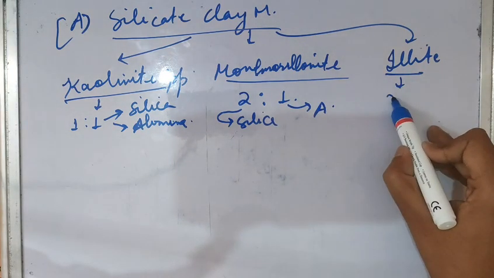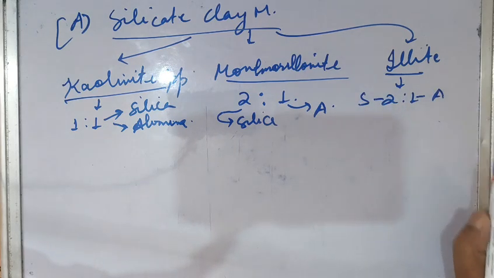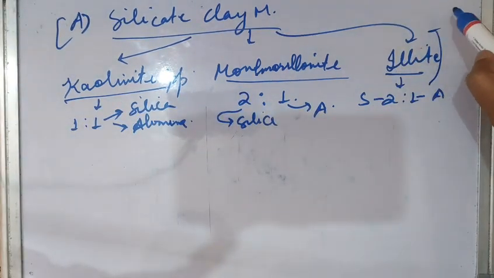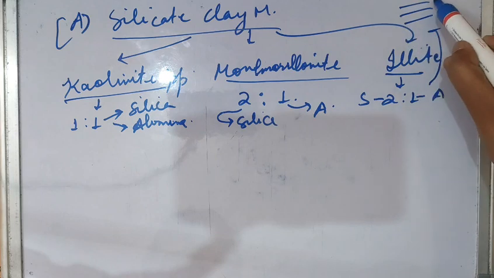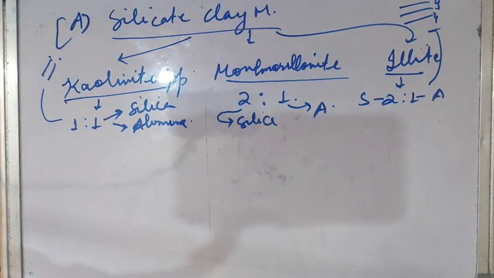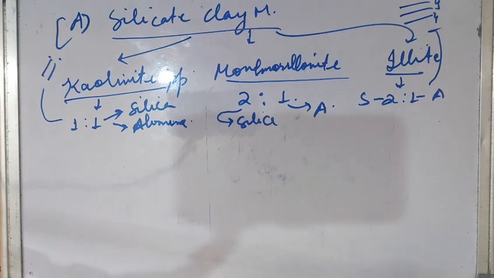And in illite also we have got 2:1, that is 2 sheets of silica and 1 sheet of alumina. I hope you all understand it. So this is what the ratios are.